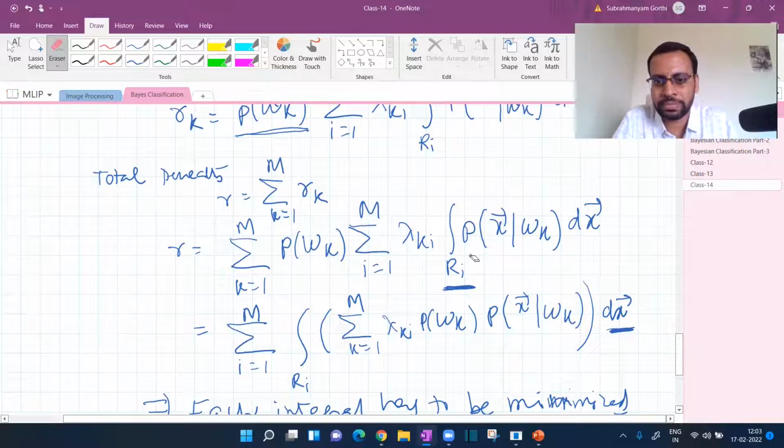Is that clear? Sir, it is clear, but could you explain in the final equation where have we captured these features? Yeah. See, feature is x bar I am writing here. And the classes are captured here, k equal to 1 to M. And these regions, yeah, that's all.